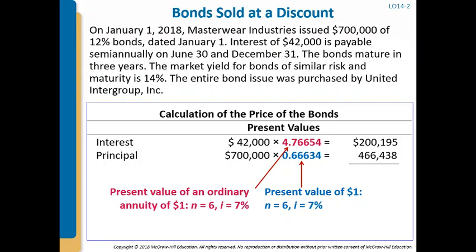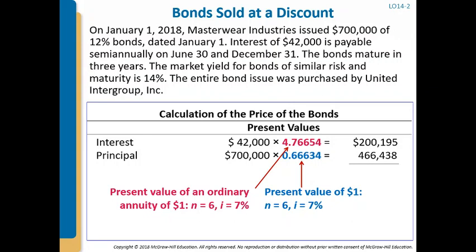The principal, you have the face amount of 700,000. Again, n equals 6, i equals 7. You go to the present value of $1, which is table 2.